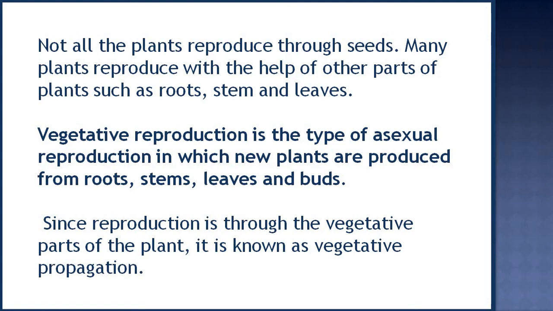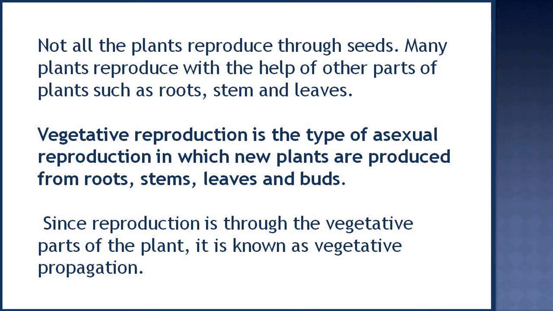So vegetative reproduction is the type of asexual reproduction in which new plants are produced from the roots, stem, leaves and buds. Since reproduction is through the vegetative part of the plant, that is why it is known as vegetative propagation.